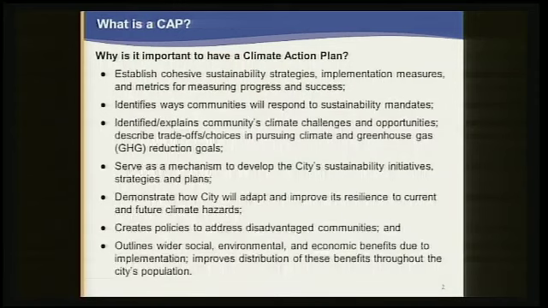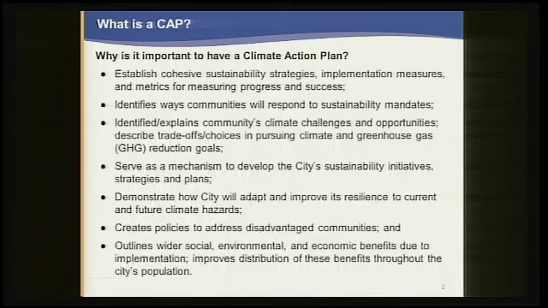It identifies the way that the community as well as the city can respond to the mandates, and then it identifies challenges and opportunities and lays out trade-offs and choices to be made for pursuing those climate policy improvements or greenhouse gas reduction goals.